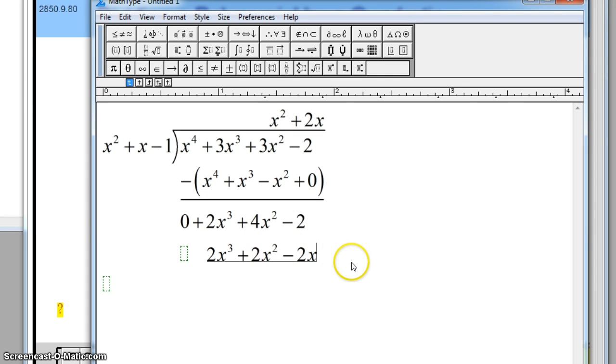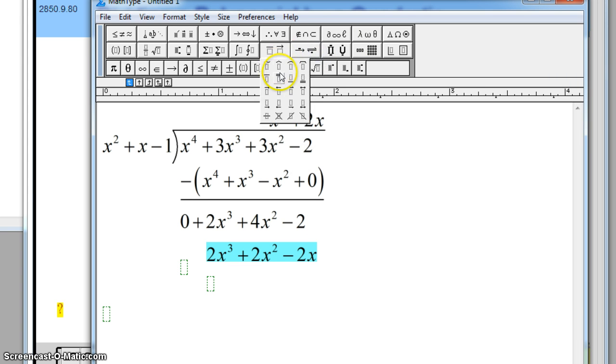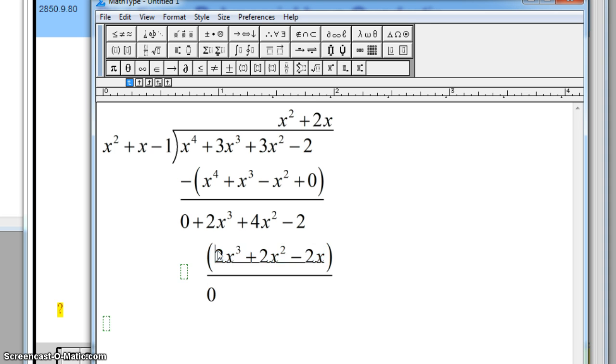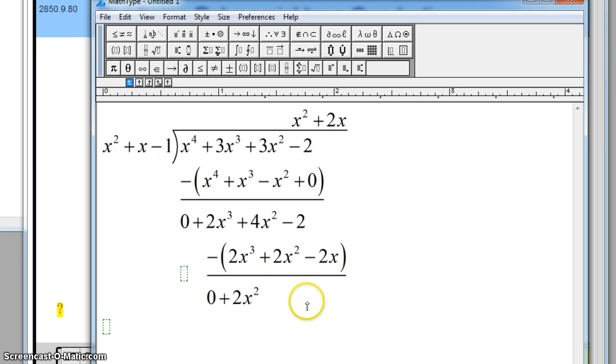So let's perform this subtraction problem again. You can draw a little line underneath this. The first one's going to be 0. Again, if it helps, put it in parentheses and put the negative out front so we remember to distribute. Then 4x squared minus 2x squared is 2x squared. So plus 2x squared. And then we don't have any x term, but we have an x here, so let's put a placeholder.